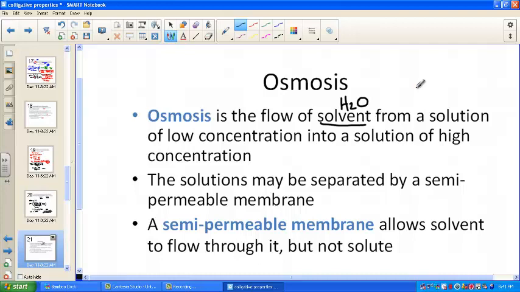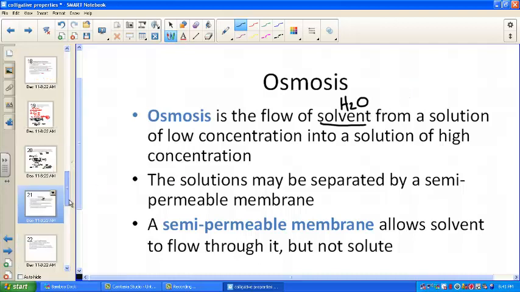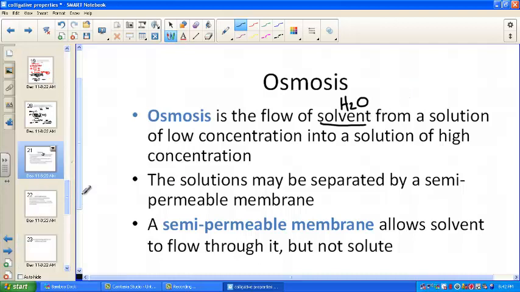When I have a concentration gradient across a semi-permeable membrane, we have a transfer of water from one side to the other. A semi-permeable membrane allows the solvent to pass through, but not the solute. It acts as a protective barrier, allowing certain things to flow in and out of the cell while keeping other things away.